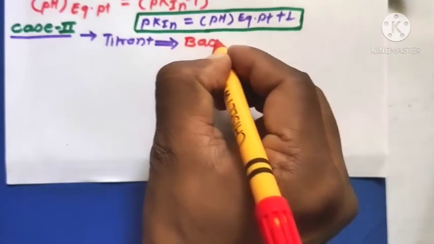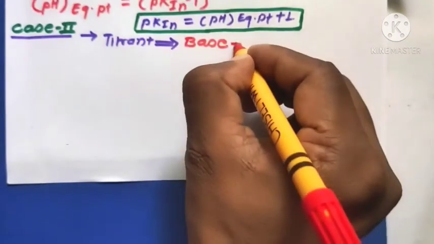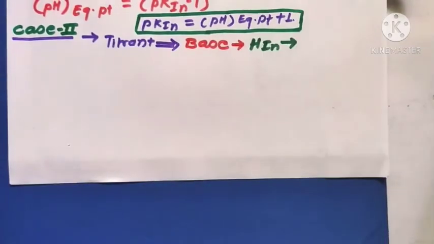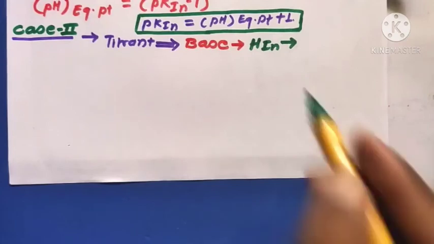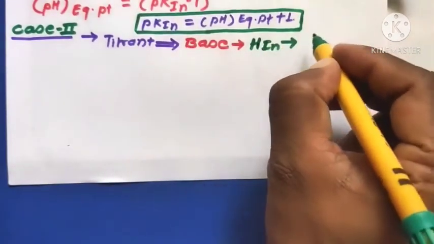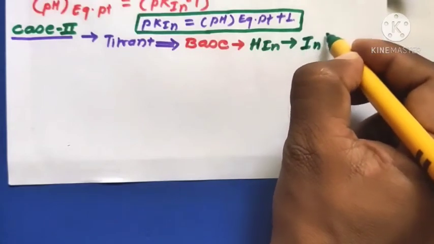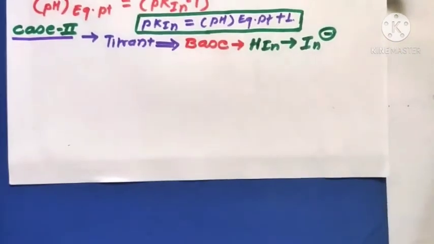The change of color of the indicator will be from the color due to HIn, the acidic unionized form, to that of In minus, the basic or ionized form.